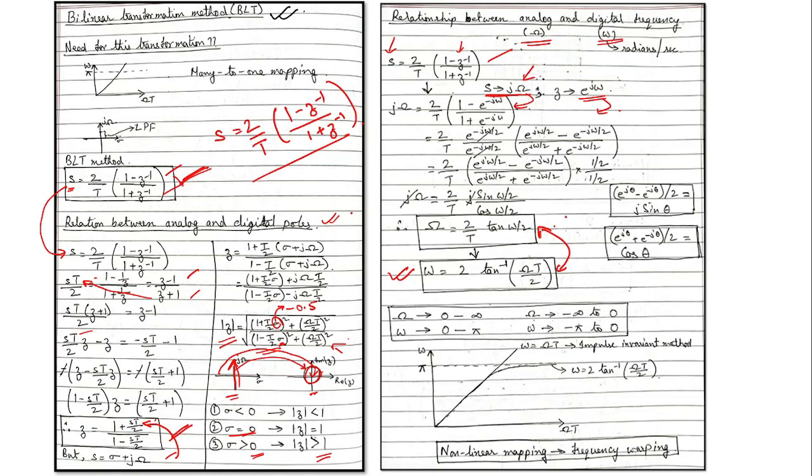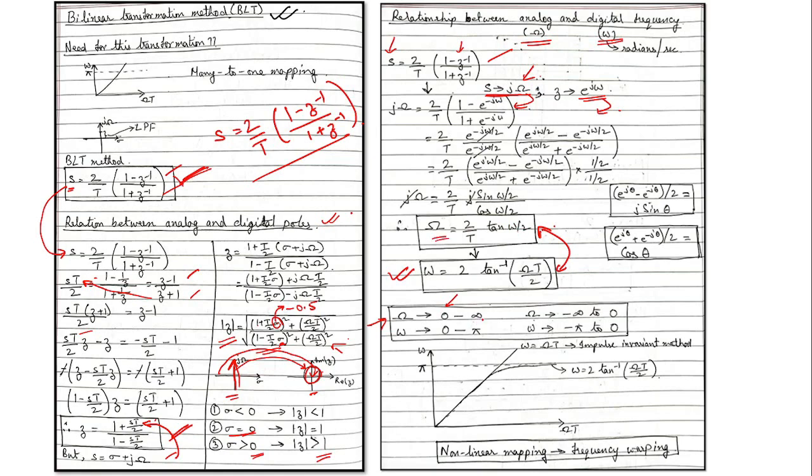Now over here, this analog frequency omega varies from 0 to infinity. When omega is 0, tan 0 is 0, right?